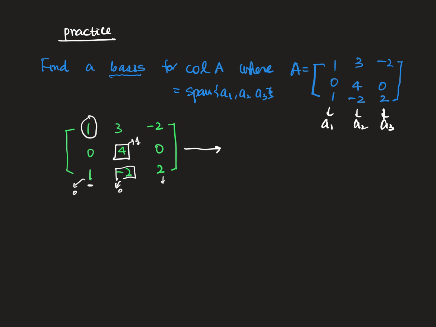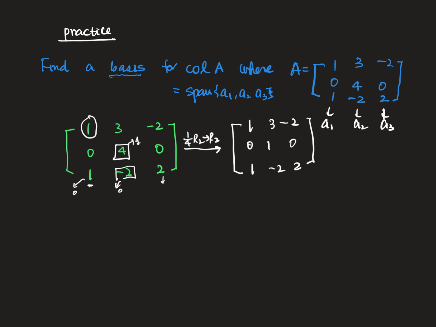Let's do the row operations. First, I want to make this entry 1, so 1 over 4 R2 goes to R2. That gives 1, 3, negative 2, then 0, 1, 0, then 1, negative 2, 2.